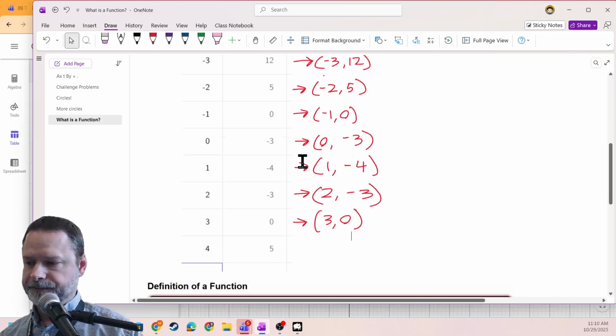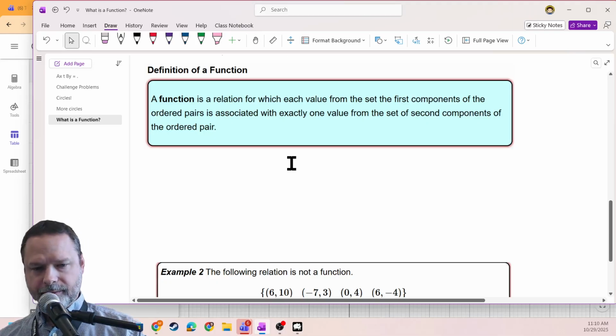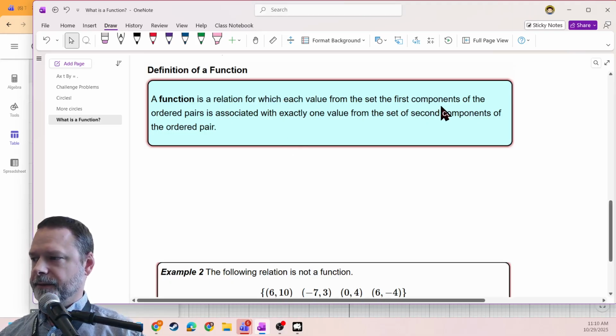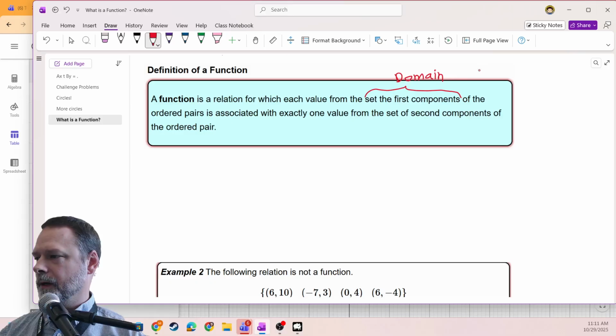What's a function? Here is a function. A function is a relation for which each value from the set of the first components, which we often call the domain or the input, of the ordered pairs is associated, or mapped to, or matched with, exactly one value from the set of second components.